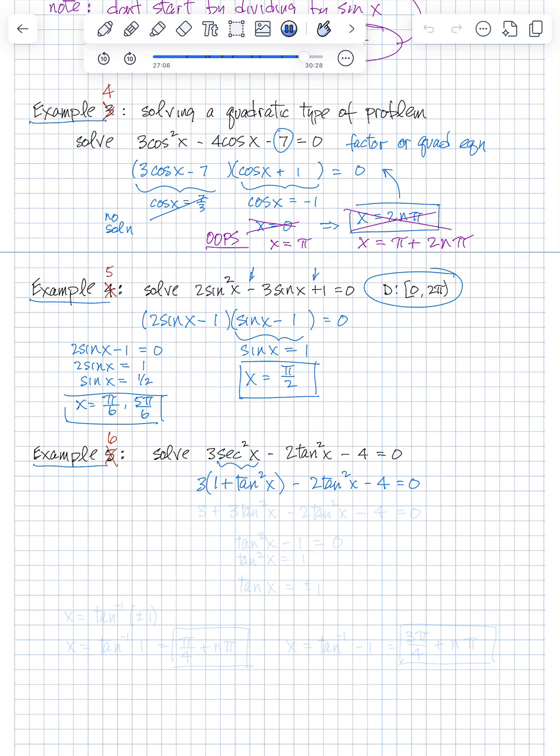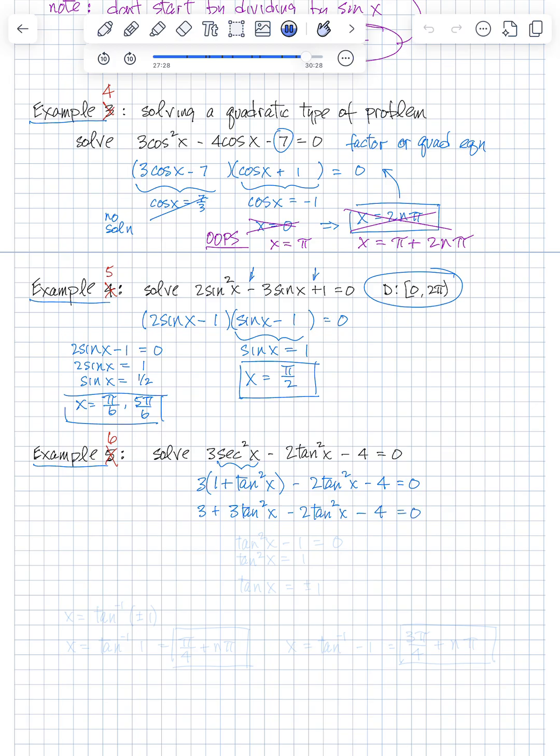Okay, let's multiply out, distribute the 3. So that gives us 3 plus 3 tangent squared x minus 2 tangent squared x minus 4 equals 0.